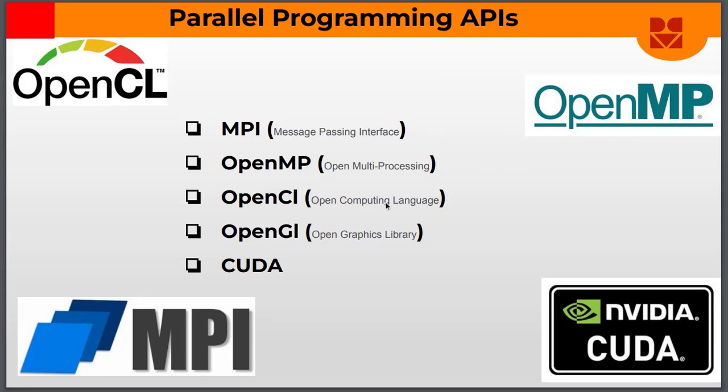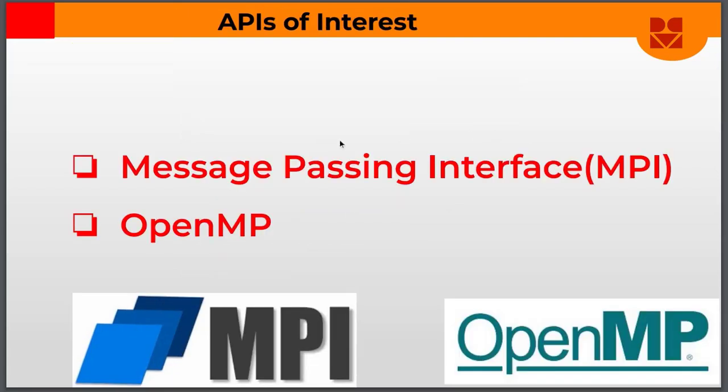The OpenCL is more or less heterogeneous computing, while the OpenGL and the NVIDIA CUDA focus on the GPU, that's the graphical processing unit. And since this series focuses on parallel CPU computing, our APIs of interest are the MPI and the OpenMP. Okay.